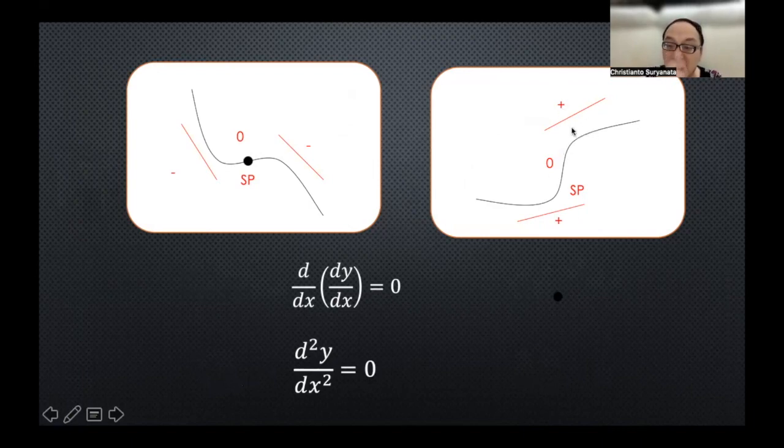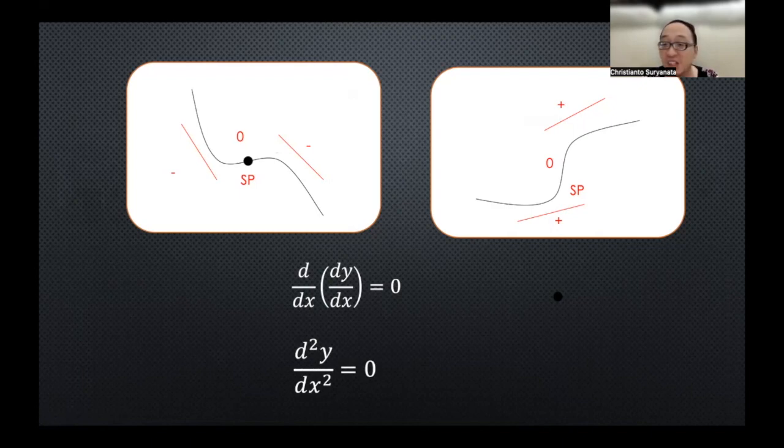So we can say there is no change in gradient in this example. So the second derivative, the change of the gradient, is equal to 0 because there is no change. So we call this a point of inflection.